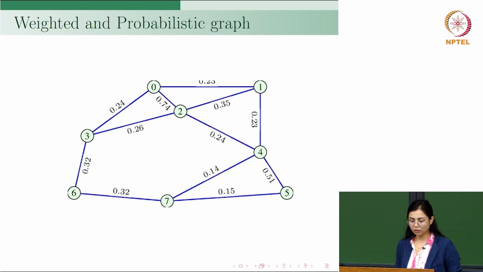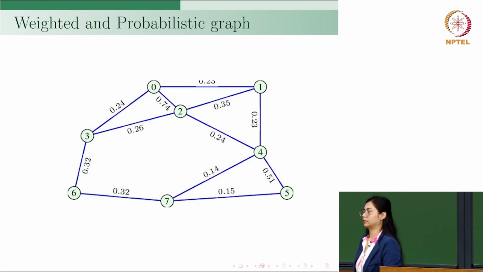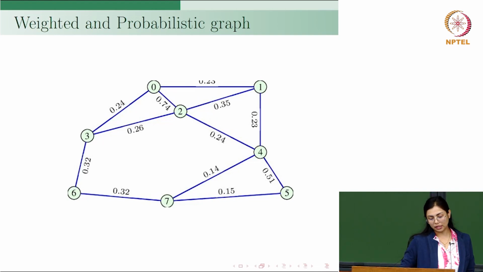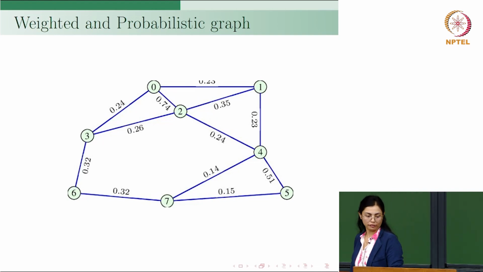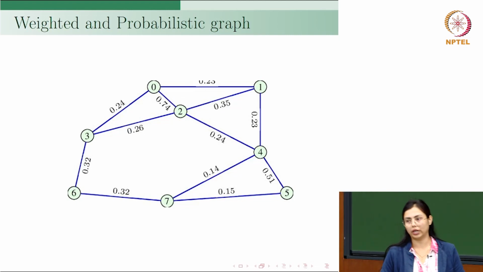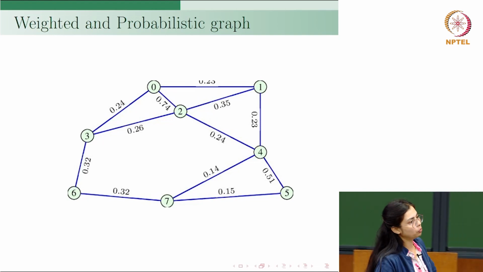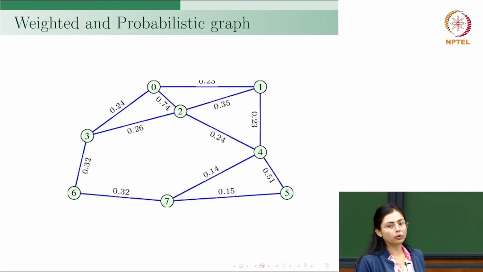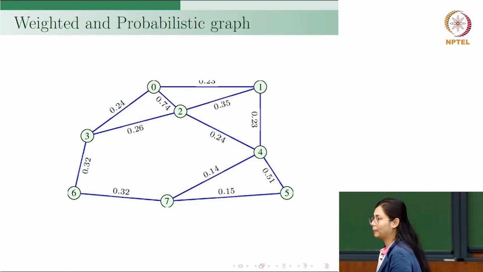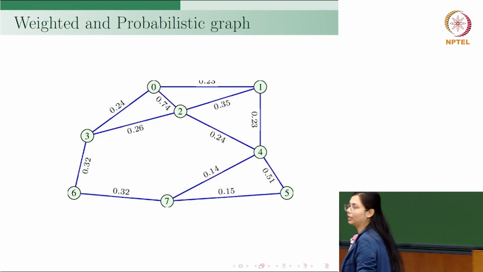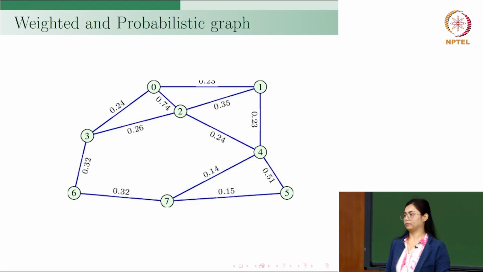Okay. So now weighted and probabilistic graph. Simply we can say a weighted graph means there are some graphs where the links are associated with some weight. Probabilistic means we can think that there is some probability that a link is going to form, right? Okay, somebody gave me one example of Google Maps.